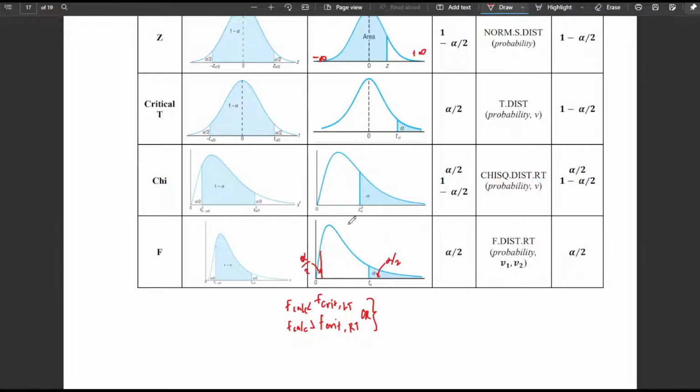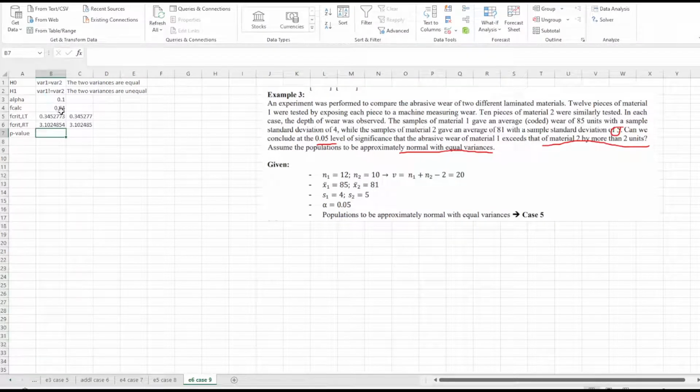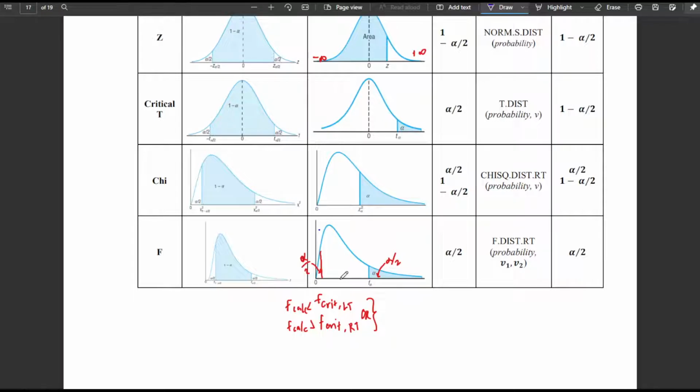Pero parang sinasabi ko is, if your F computed value or F calc is less than 1, ibig sabihin, si numerator is smaller than the denominator. So, it is leaning towards the left tail. Okay? So, mas appropriate na left yung kukunin natin if we want to do p-value approach.